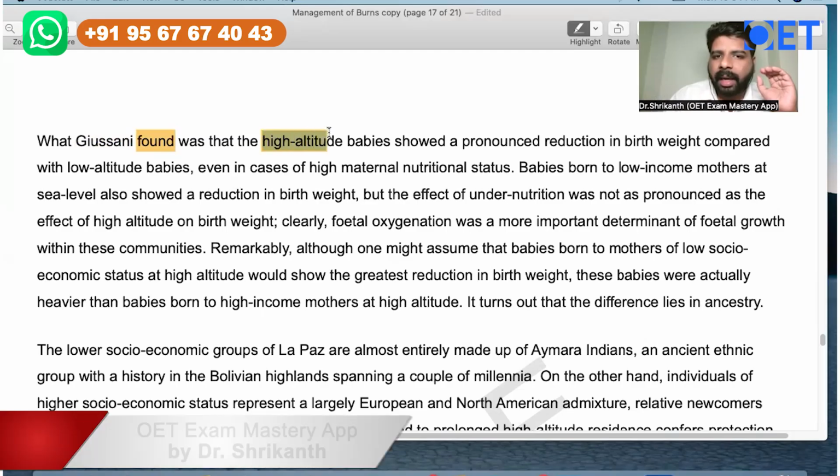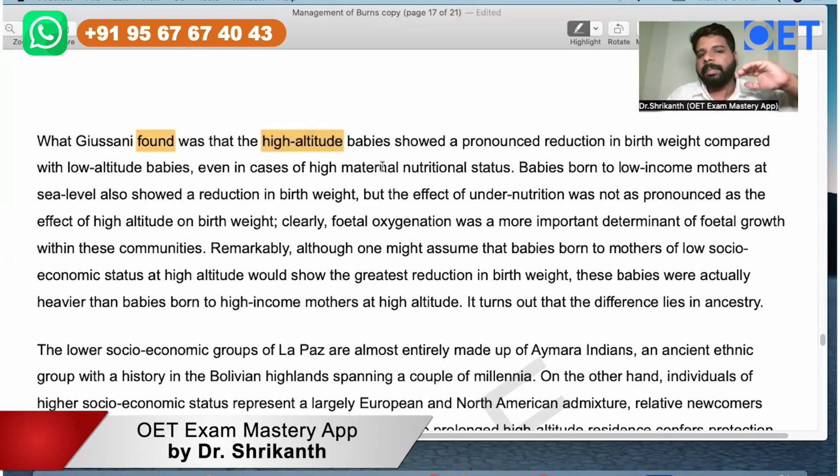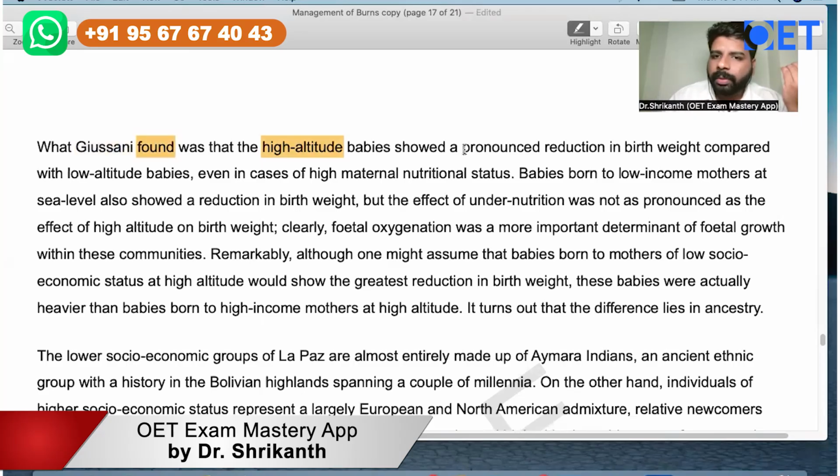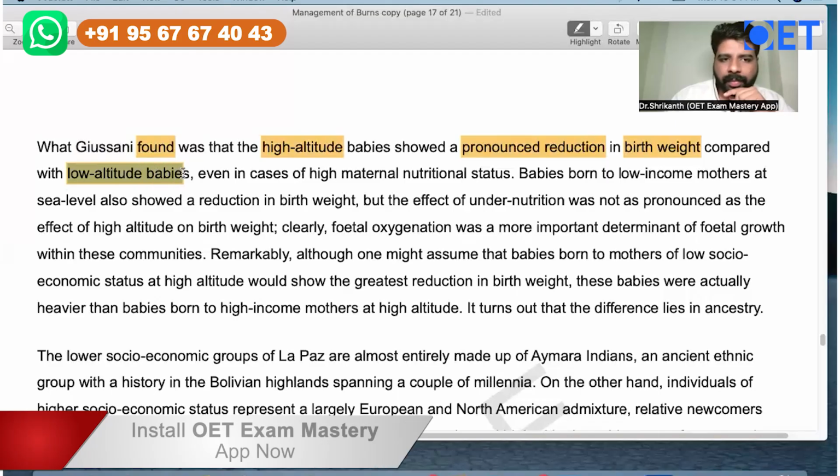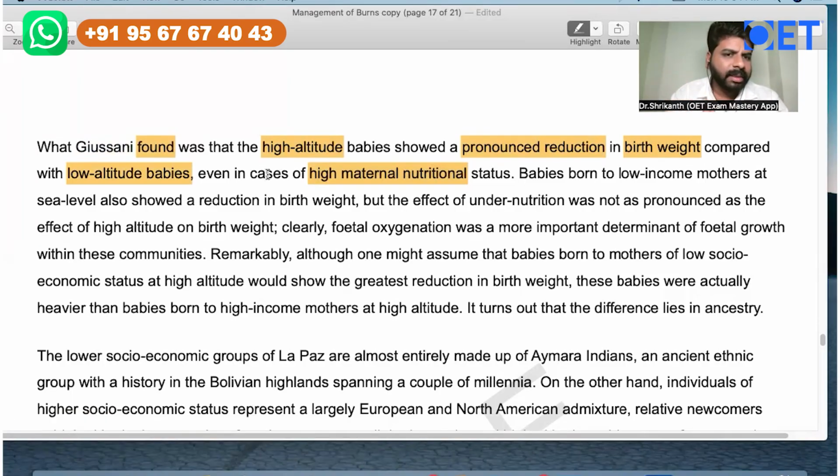High altitude babies, that is babies who are born at high altitudes, showed a pronounced reduction in birth weight compared with low altitude babies, even in cases of high maternal nutritional status. Now, did we read this anywhere? So what is this sentence telling? Pronounced basically means stronger, with a little bit more emphasis.